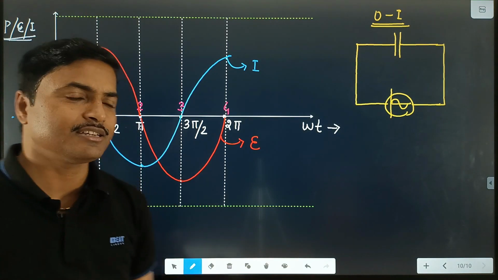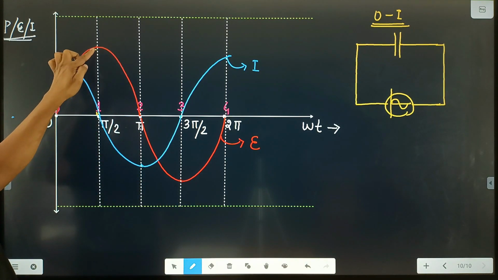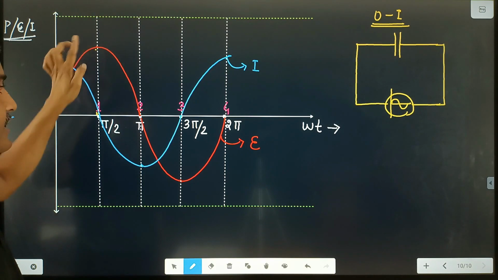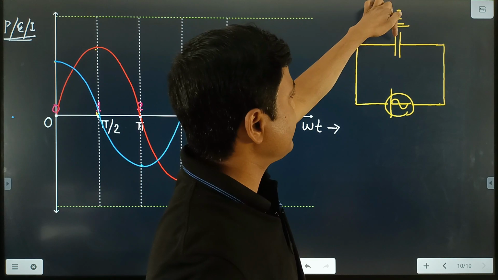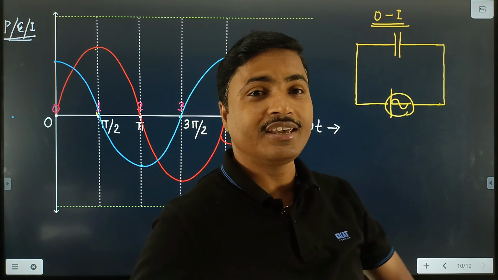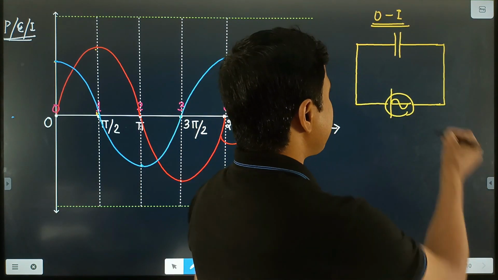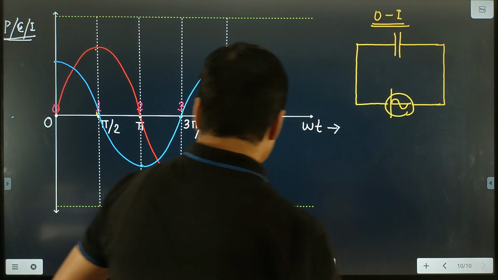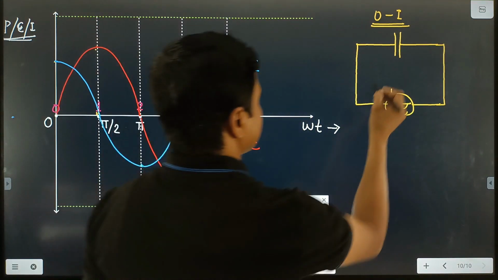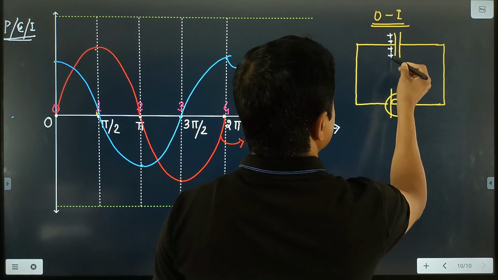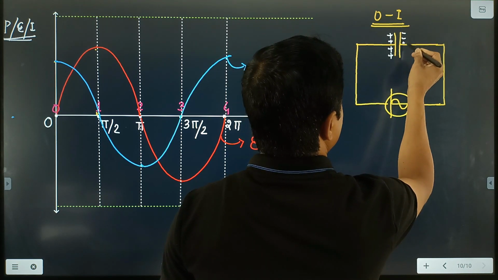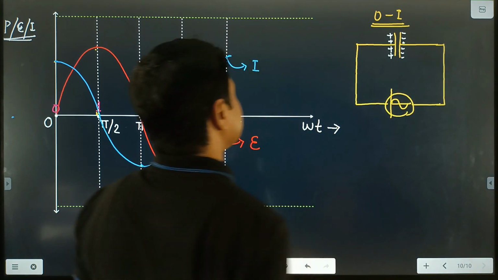If voltage is maximum and on the positive side, that means we give positive to the first plate of the capacitor, so the first plate is now positive charged, and the second plate of the capacitor is negative charged.